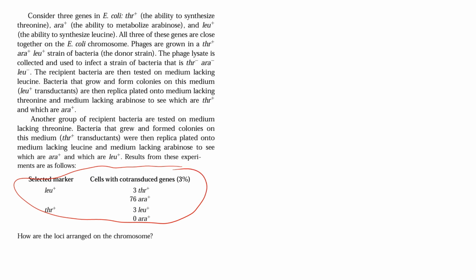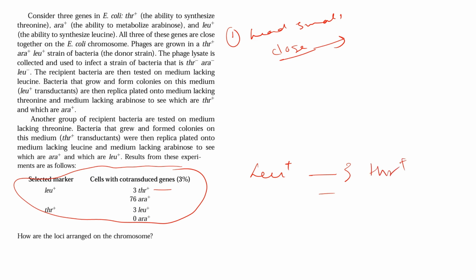The first thing we should keep in mind is that the phage head is very small. So only genes that are present in close association can get transferred to the phage head together. Now, here the selected marker is leucine plus. With leucine plus, it has been found that 3 cells got threonine plus as well, but 76 cells got the arabinose gene also.